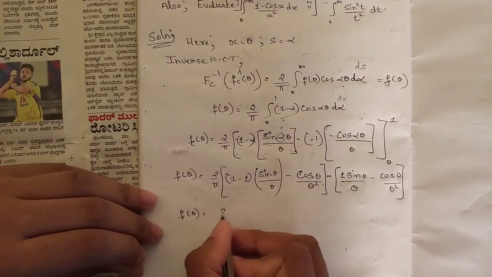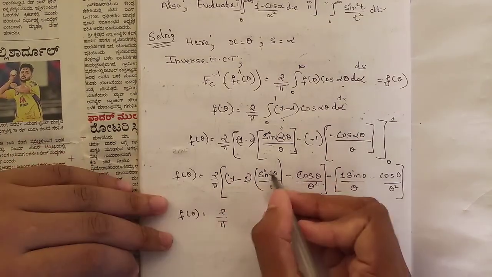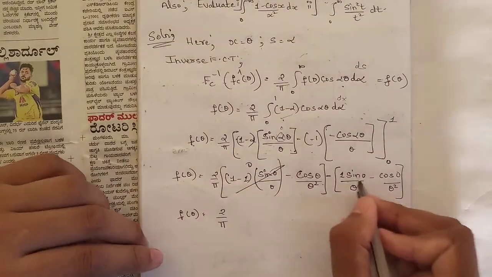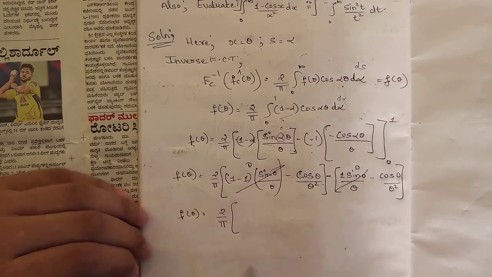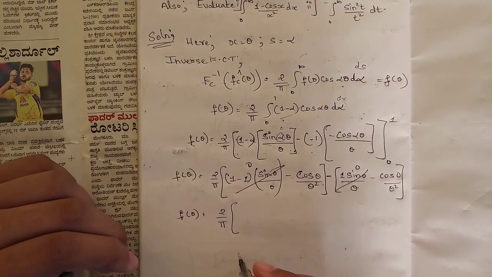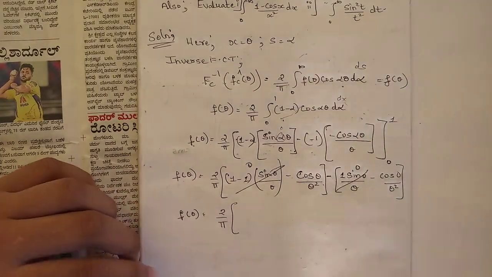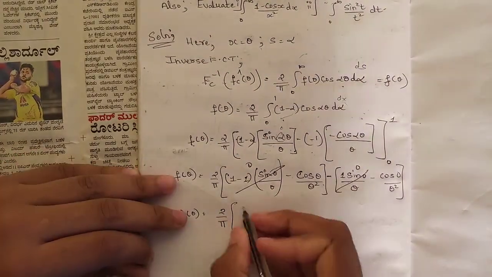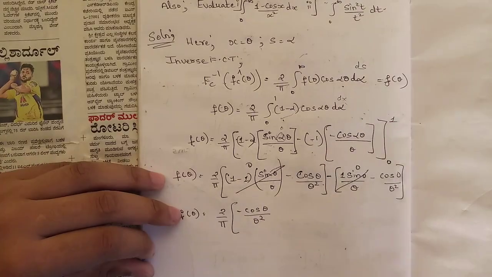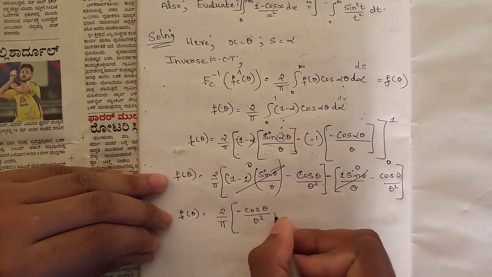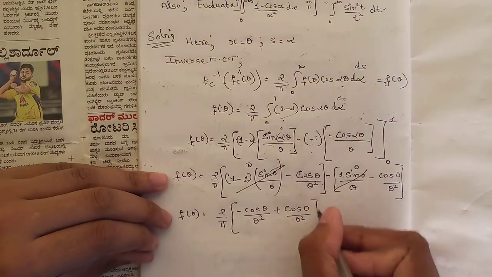Now by solving we get 2 by pi into, 1 minus 1 is 0, so this whole term is 0, sin 0 is 0 again, so the remaining terms are minus cos theta by theta square, minus into minus is plus cos 0 by theta square.